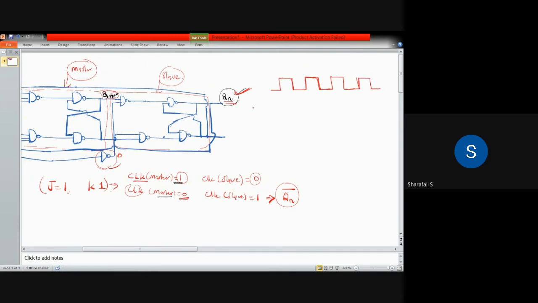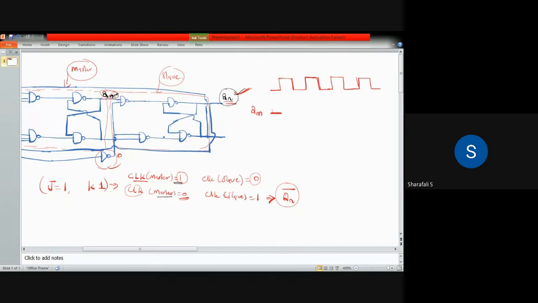And you have your output Qn, let's say Qm here, first for master output. So the master output will be toggling. Initially, let's consider the master output is 0, for example.